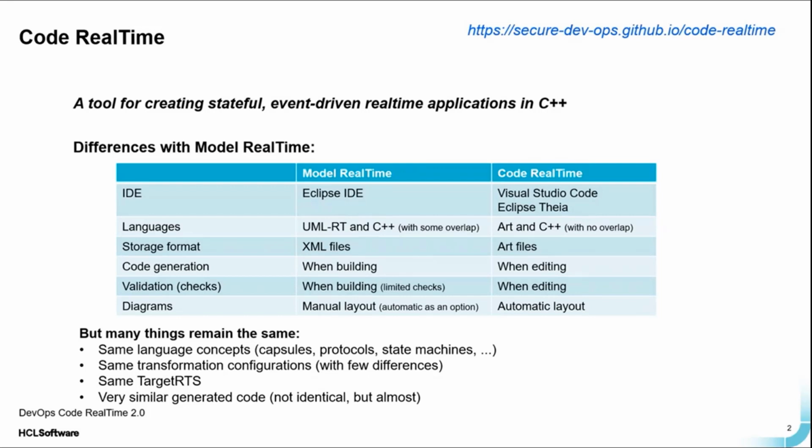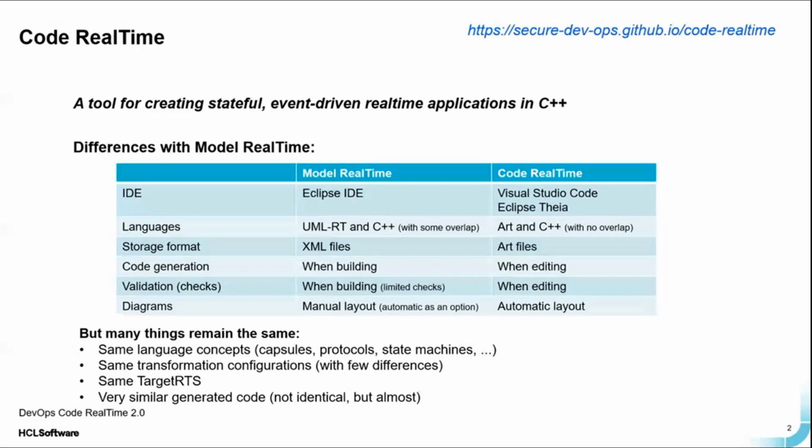The hyperlink you see in the upper right corner goes to the web page of Code Real-Time. And as users of Model Real-Time, you already have access to Code Real-Time. So there are two versions of Code Real-Time. One, a community edition, is what you get if you install it from VS Code or Eclipse, then it will be taken from the public marketplace.